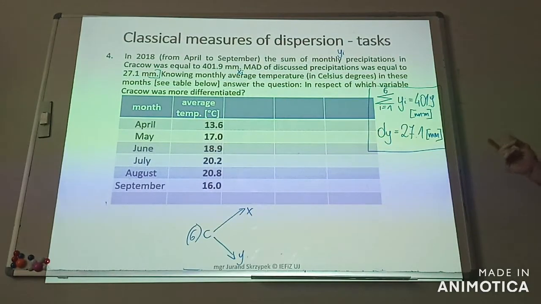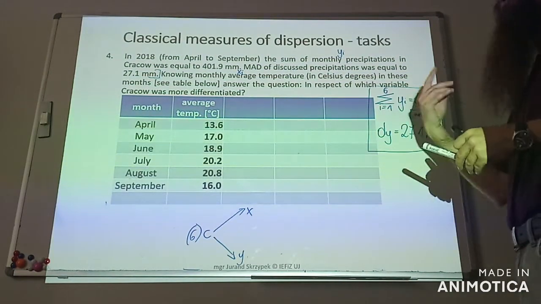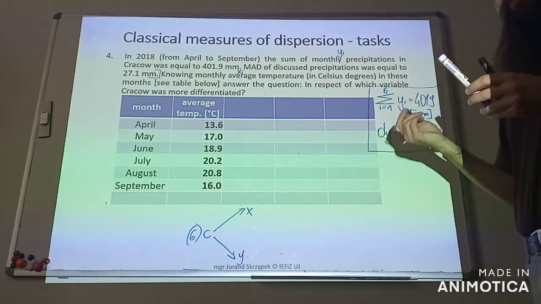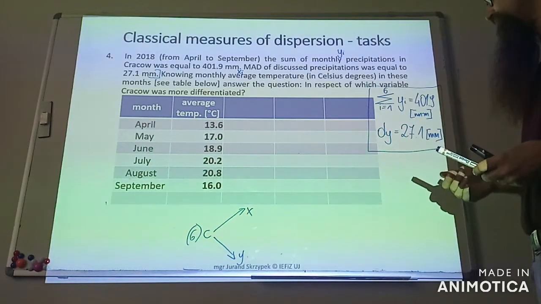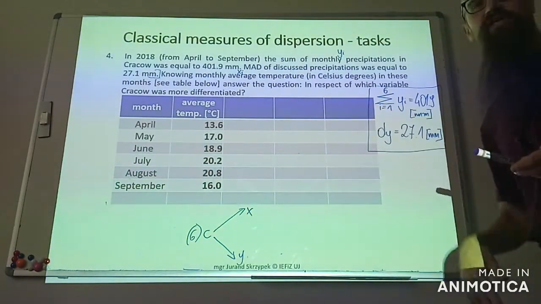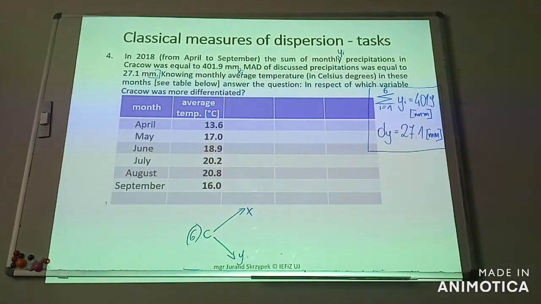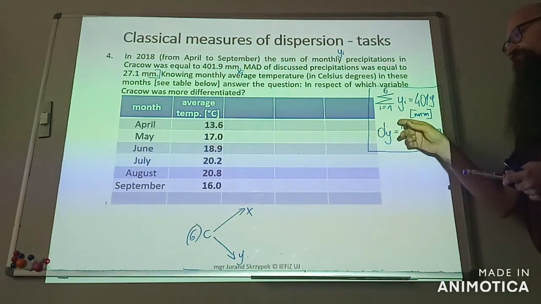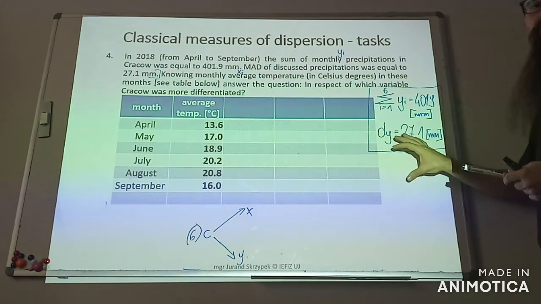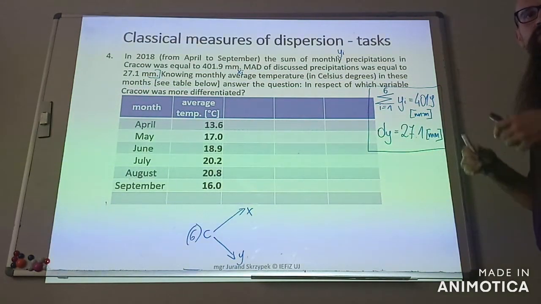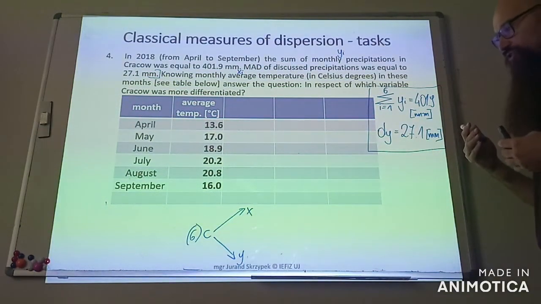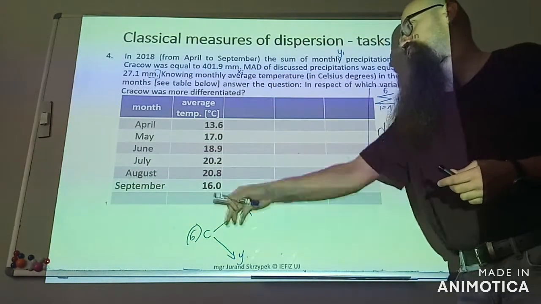So on the basis of this information, in order to make a comparison of differentiations, we should use the same measures to describe the differentiation of the average temperature.